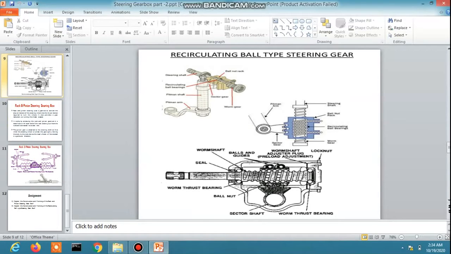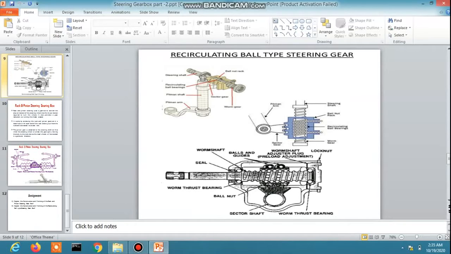This is the ball, and this is the ball nut, and this is the sector shaft. The sector and the sector shaft go through the cross shaft. Here is the cross shaft, and one side is attached to the sector and the other side is attached to the pitman arm. So this is the recirculating ball type steering gearbox.